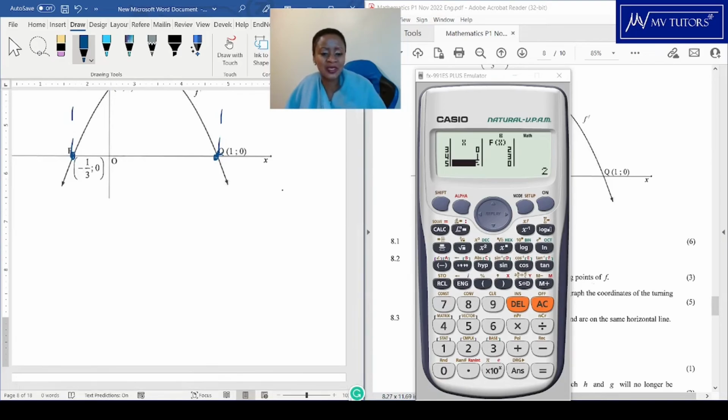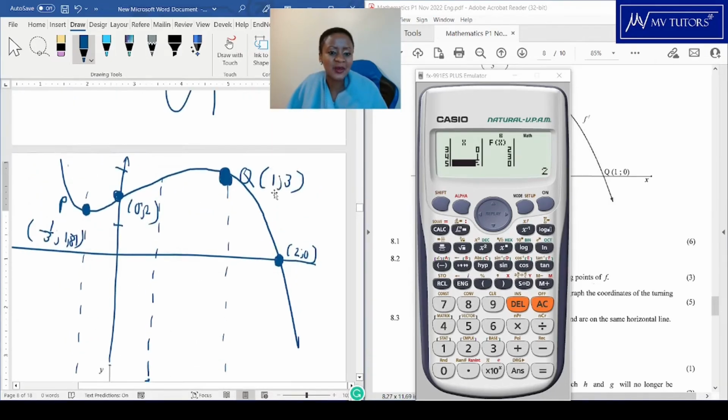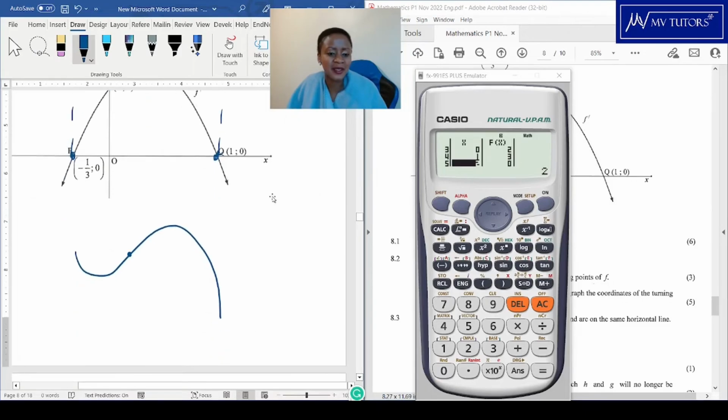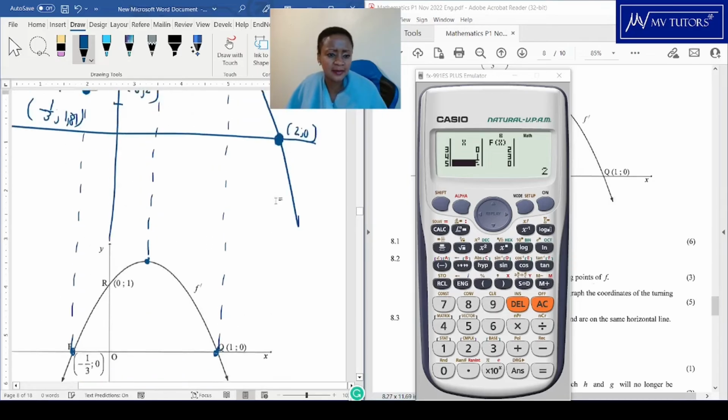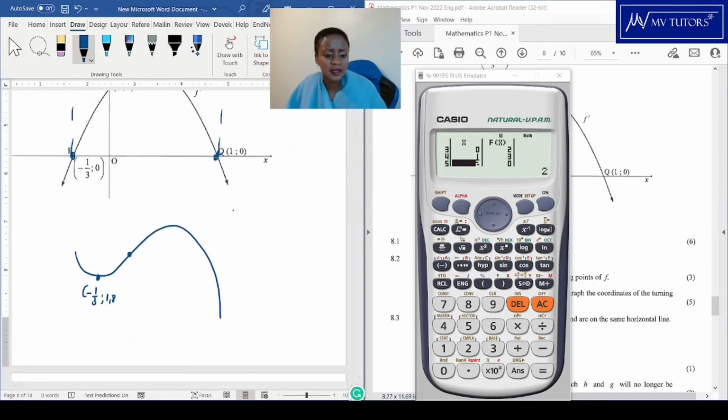If I were to draw it pretty, it would look something like this. Okay, we have your point of inflection. We don't really know what it is, but it doesn't matter. We have our turning point there, negative a third and 1,8, right? This is the pretty version.